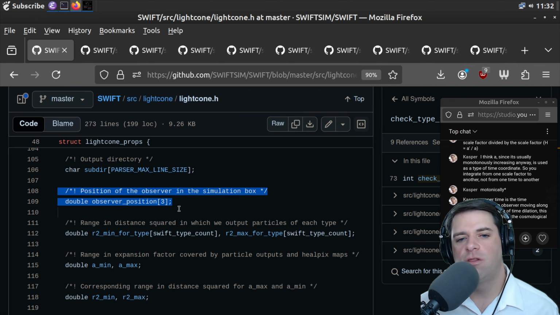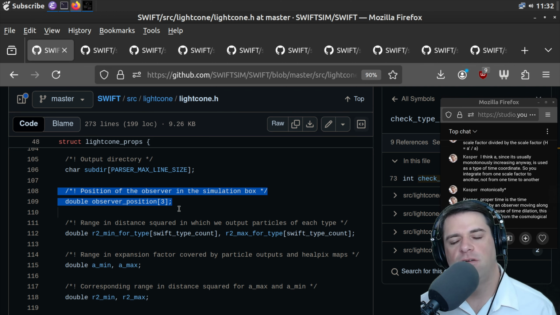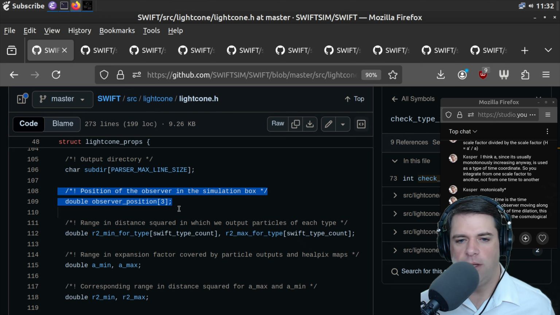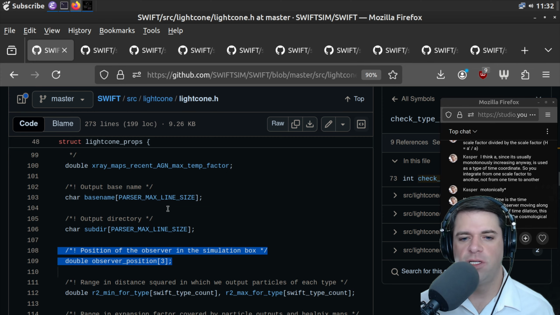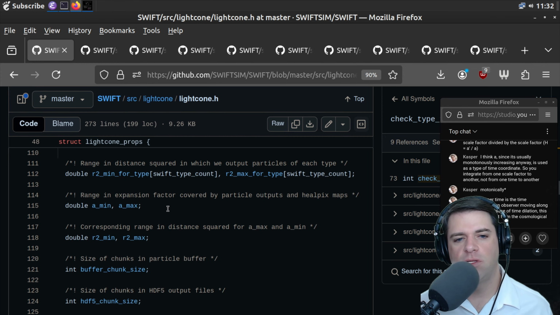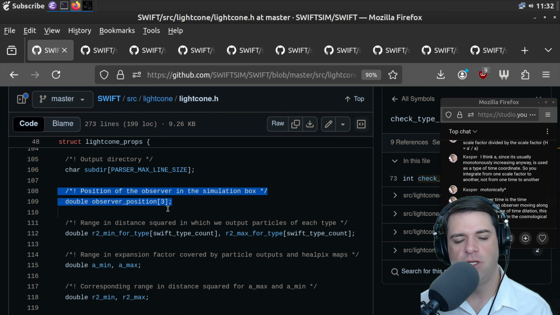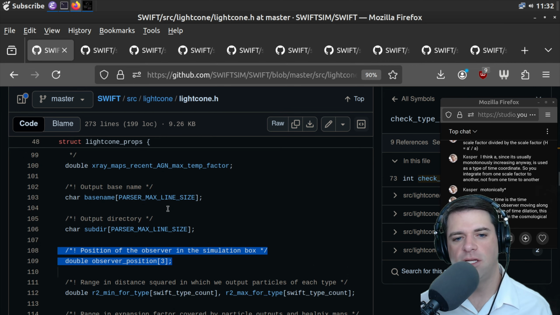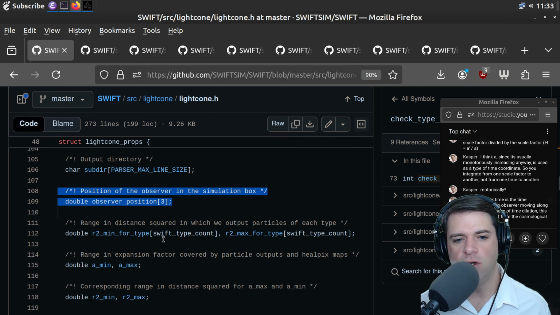I'm guessing that one of the reasons they have an output directory is because there are a lot of light cones, possibly one per particle. I'm guessing that for every small enough subdivision of space, you might need to model the light cone. So there are presumably so many of these that you can't store them all in memory, and that's part of the reason you store them on disk, and each light cone might want to know where it's stored.